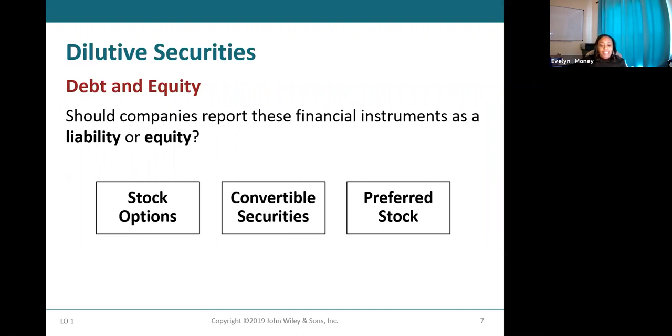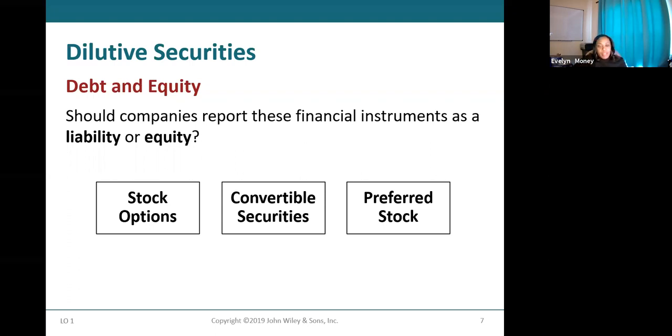So if you have preferred stock that's convertible into common stock, if that stock gets converted, then you have more shares of common stock outstanding, which means you have to share the net income with more people, which means the earnings per share calculation will be lower. My denominator gets larger, my final answer will be lower. So that type of security waters down or dilutes earnings per share.